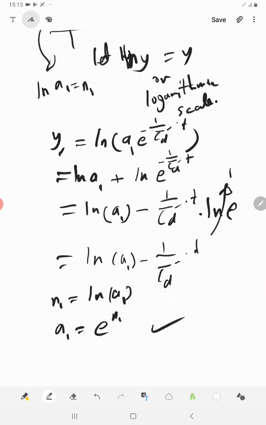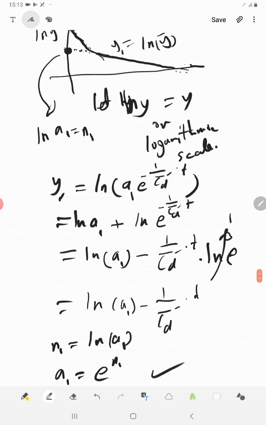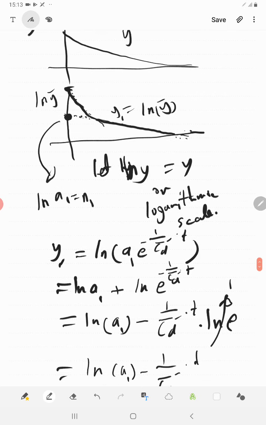So we know a1 from this. Once we know this point, we take the exponential of it, we get a1, because it is ln a1.